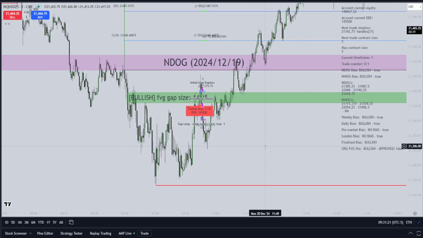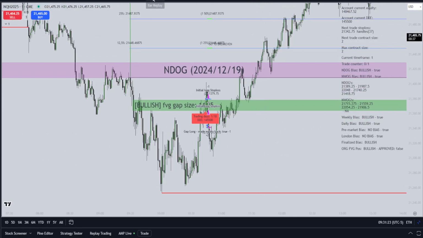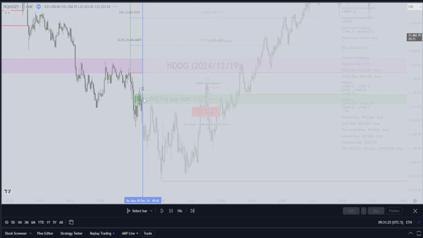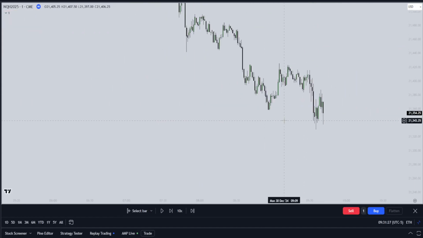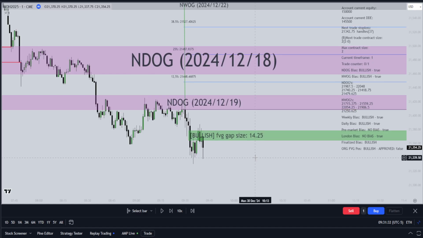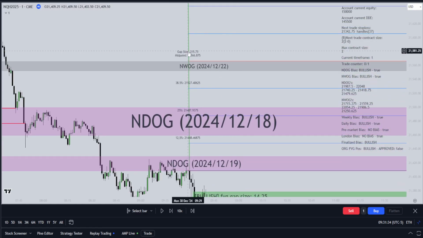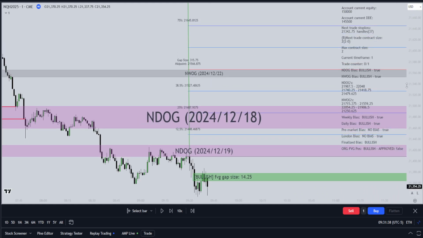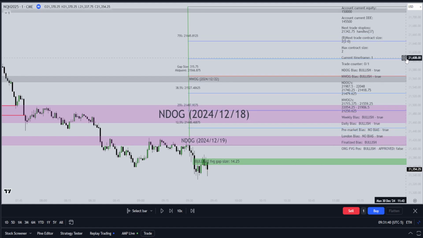Okay, so yesterday when we go into the bar replay mode, yes, bar replay, because otherwise I cannot show to you what I actually did. I will actually show my live executions as well eventually. But yesterday we had a huge opening range gap. We had 315 handles of a discount gap.